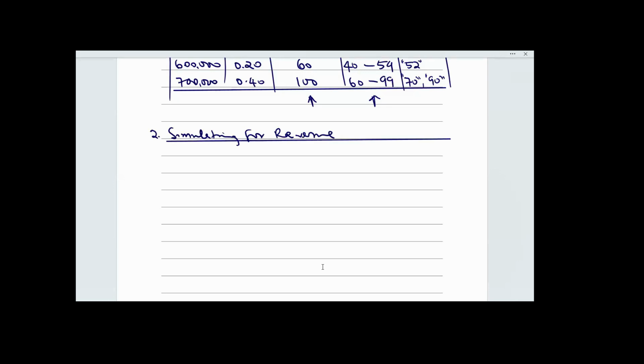So the first column will be revenue, probability, cumulative of probability in percentage, random allocation, then the tag number as given.